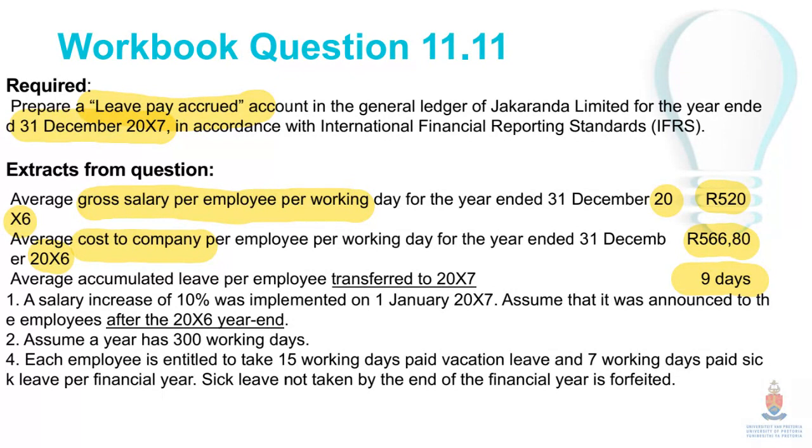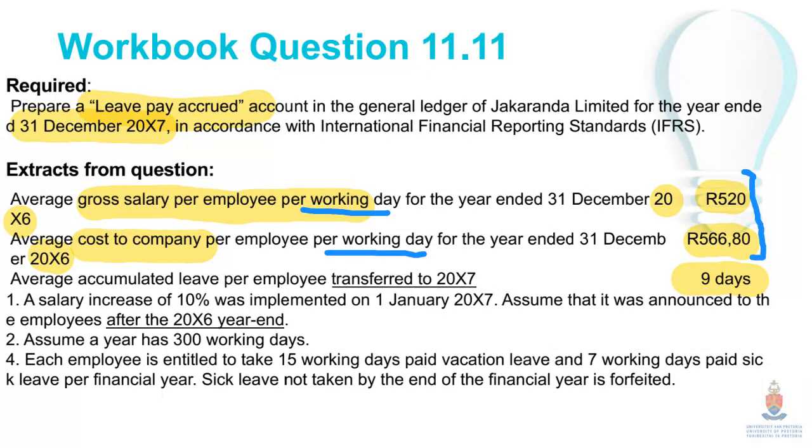Point 2 says assume the year has 300 working days. Again, the examiner is just, I wouldn't say it's a trick. They're testing whether this person knows that these amounts, the 520 and the 56680, are already per working day.